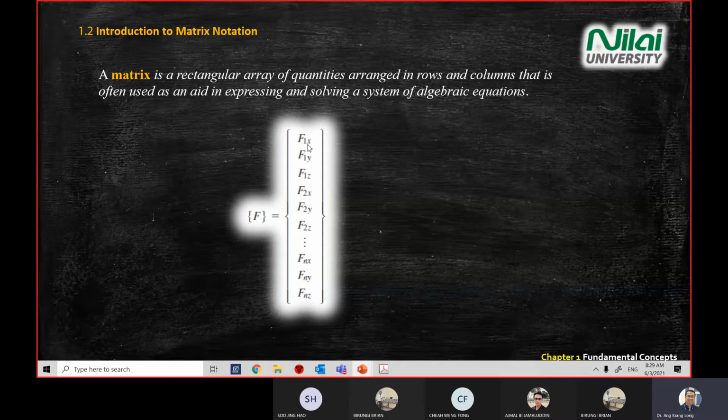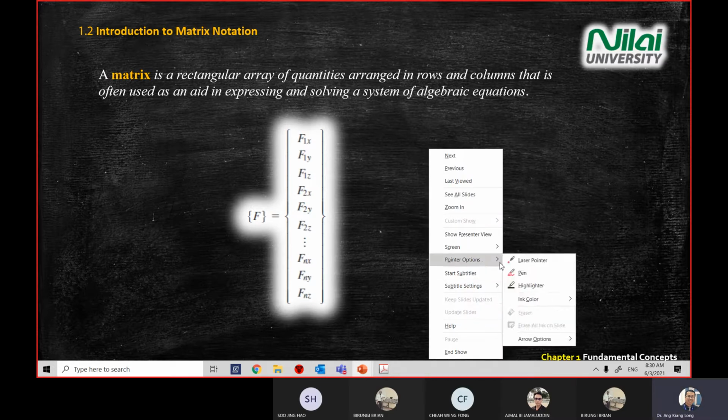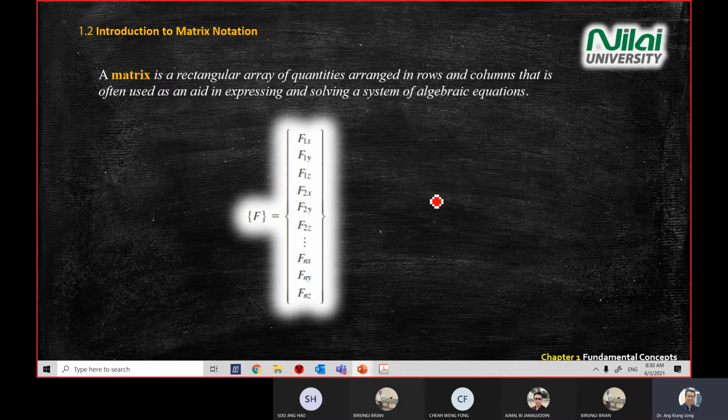Now, what do all these small notations mean? F stands for force for this module. 1 means point 1. x means in the x direction. Just a recap of what you learned in the stress analysis module.